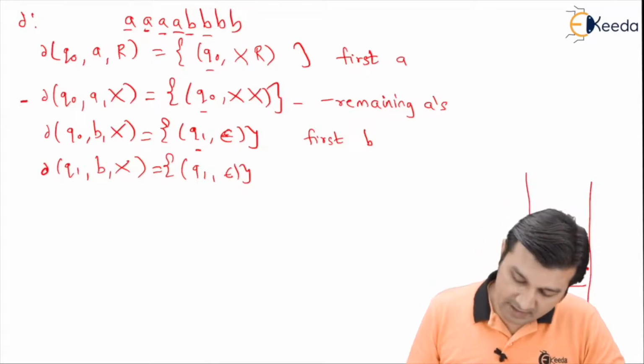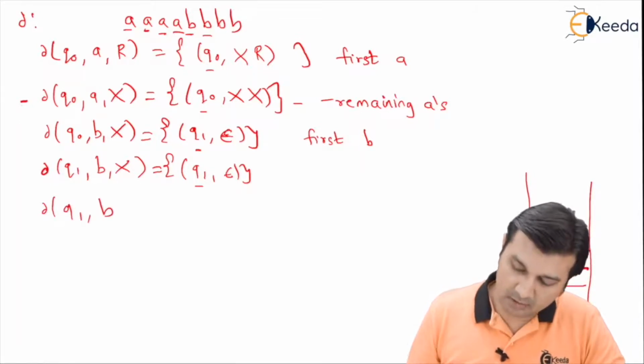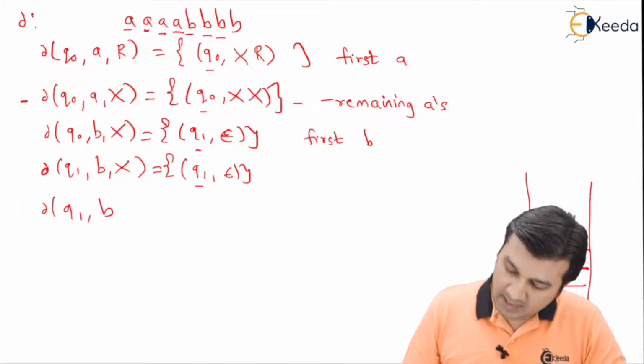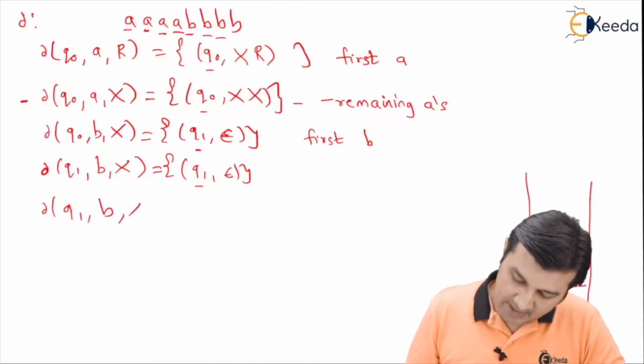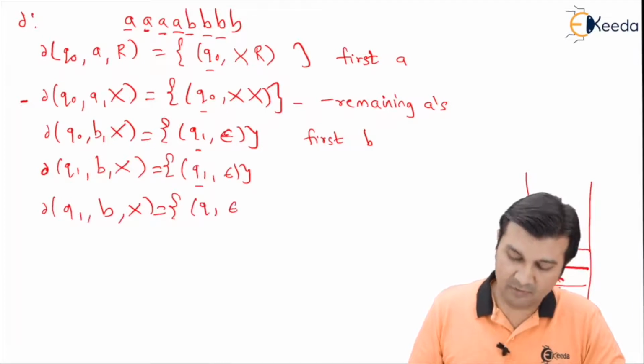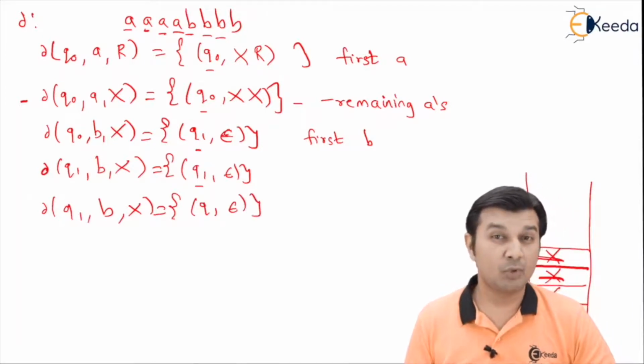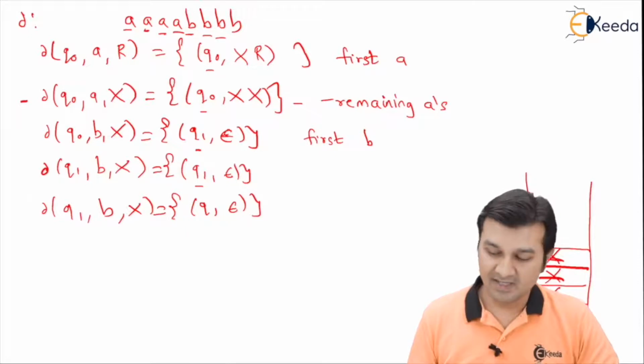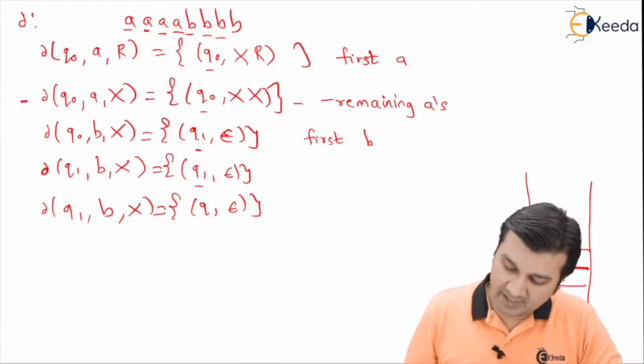Let us see once again. I am in state q1 right now. I come across my third b, and the stack top is my second x. Since it is the same operation of pop which is getting performed, I'm not going to change the state and I'm going to write epsilon in that place. So that removes my x.